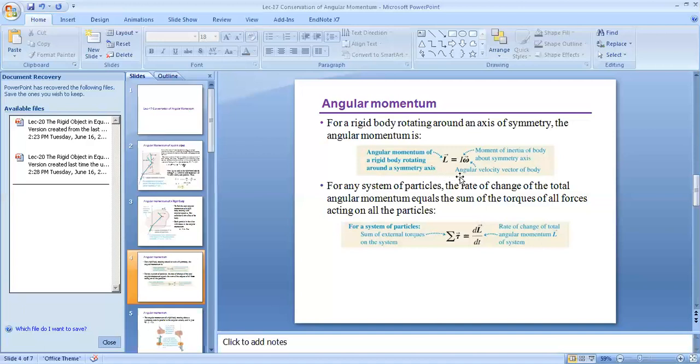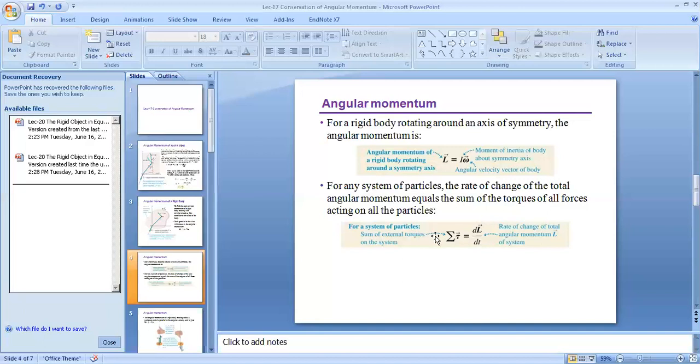Extending the previous concept in which torque and angular momentum were related, we can say that summation tau is equal to dL over dt.